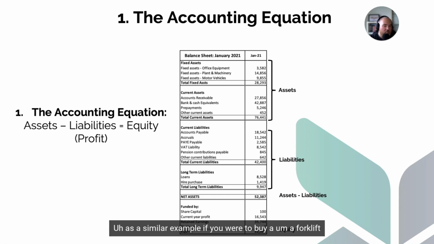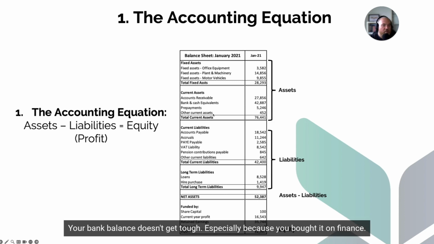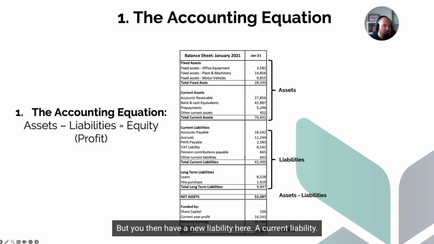As a similar example, if you were to buy a forklift on finance, and again it's 20 grand, the plant and machinery goes up by £20,000. Your bank balance doesn't get touched because you put it on finance, but you then have a new liability here, a current liability. Well, it depends how long it's over. It could be down here, so it could be another loan.